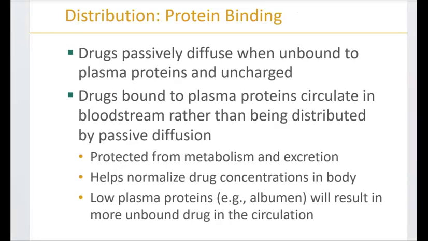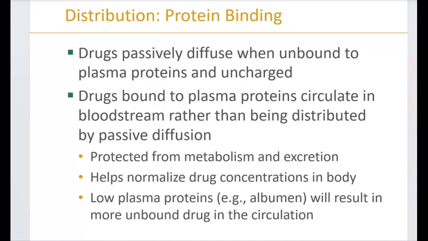The protein binding we talked about. Drugs passively diffuse when unbound to plasma proteins and are uncharged. But drugs bound to plasma proteins circulate in the bloodstream rather than being redistributed by passive diffusion. Drugs bound to plasma proteins are protected from metabolism and excretion, which helps normalize drug concentrations in the body.